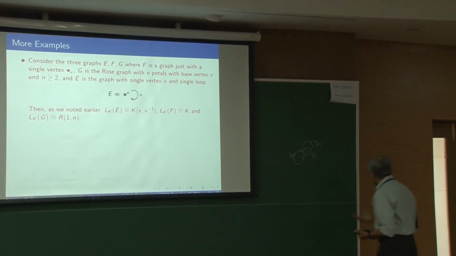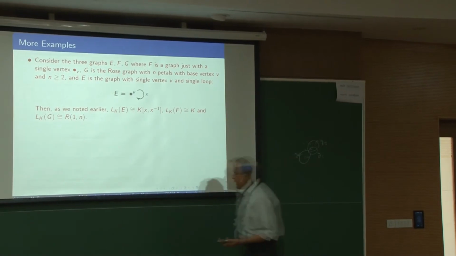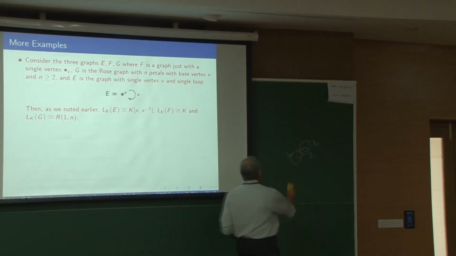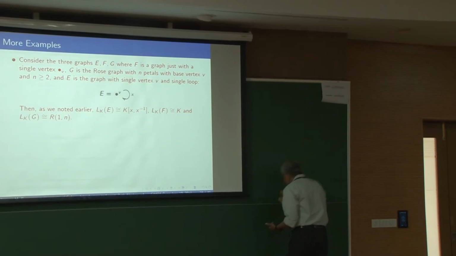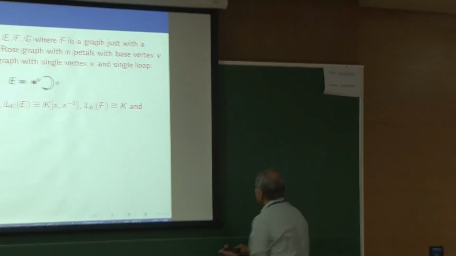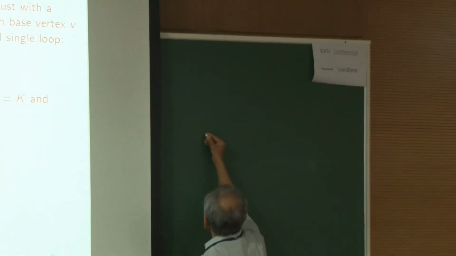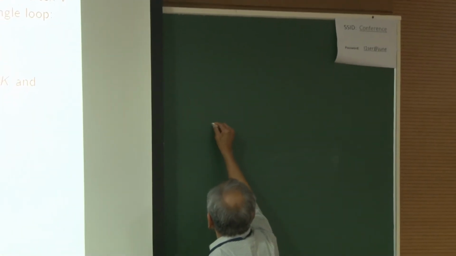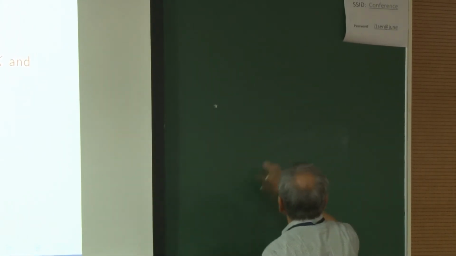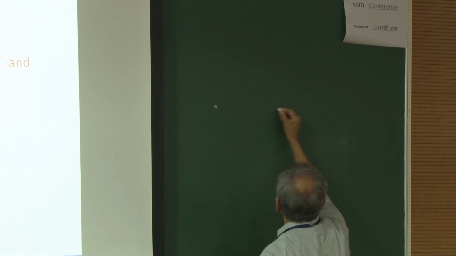Now I would like to consider some nice ways of constructing other Leavitt path algebras. In particular, look at three examples, three graphs. Here is a graph consisting of only one vertex.